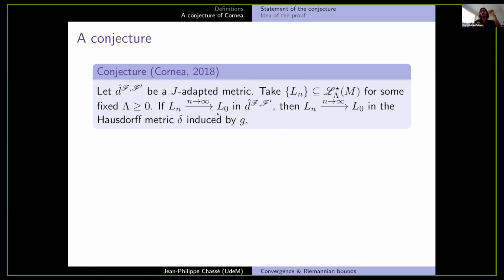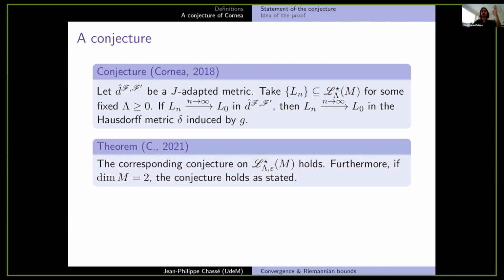If Ln converges to L0, which is also an embedded Lagrangian, it's important, in this J-adapted metric, then it converges to L0 in the Hausdorff metric. This is the formal statement of what I said at the beginning.